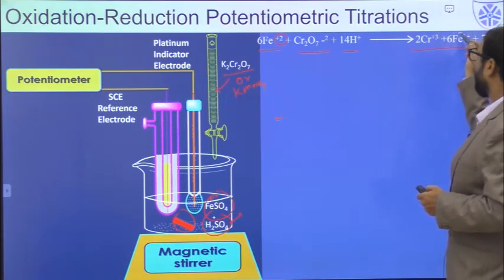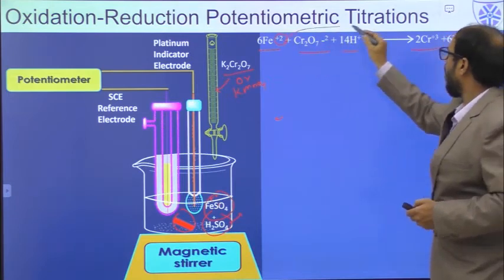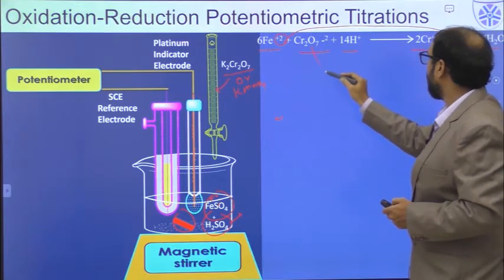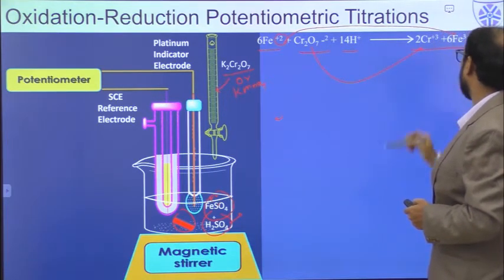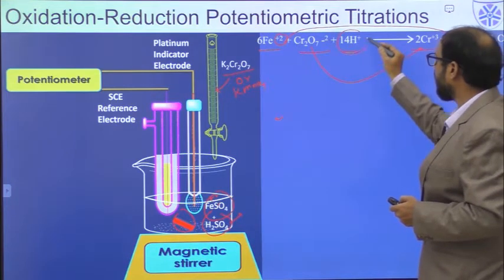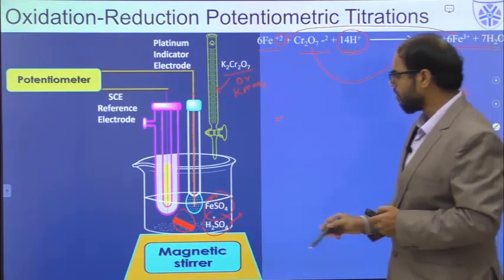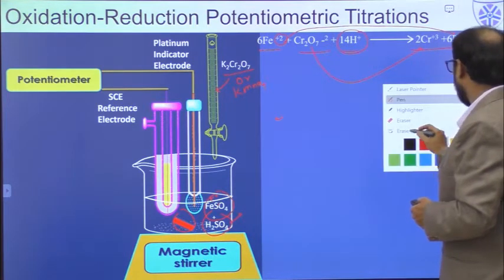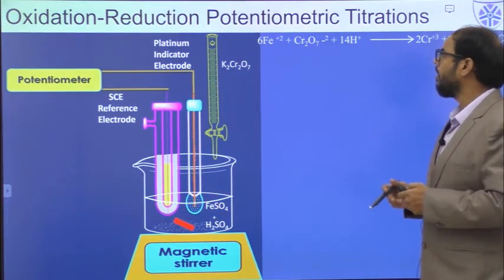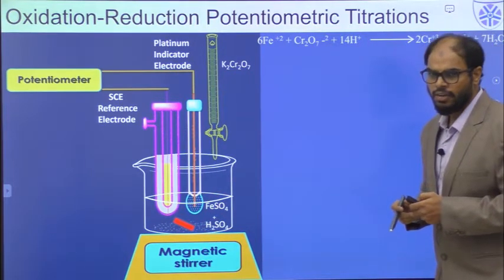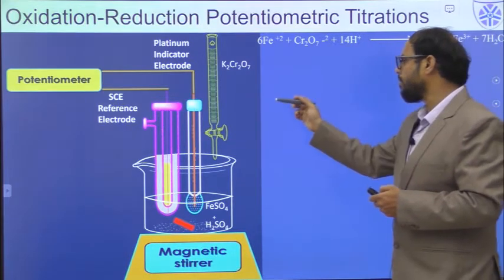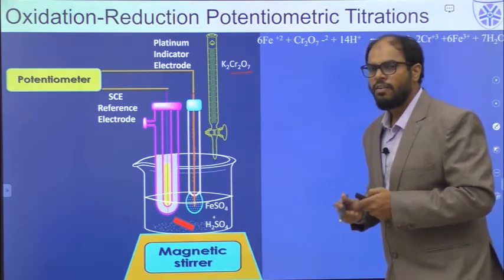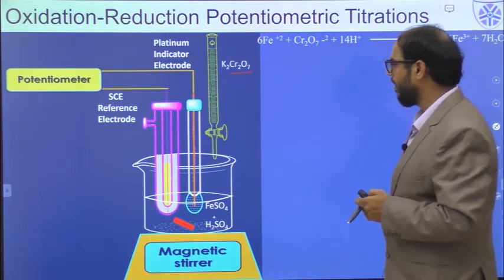So Fe gets oxidized to Fe plus 3, and chromium gets reduced to plus 3. This reaction definitely requires H plus ions, and the source of H plus ions is H2SO4. Whenever we have an oxidation reduction potentiometric titration, we go with a combination of potassium dichromate as the titrant and ferrous sulfate or ferrous ammonium sulfate as the analyte.